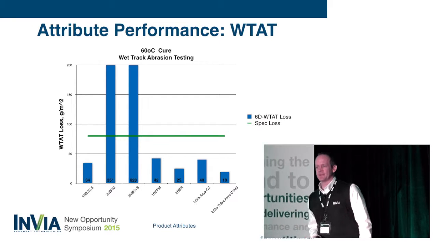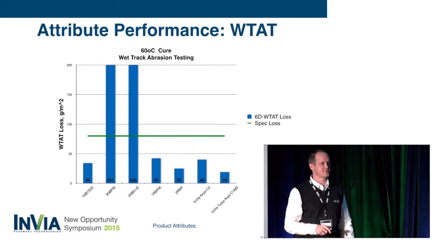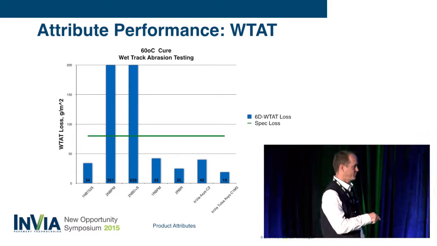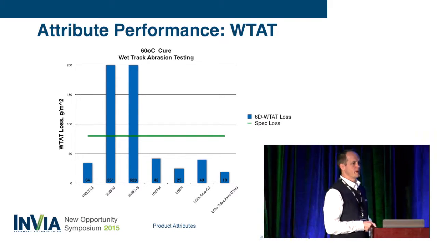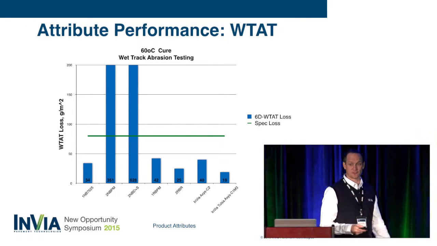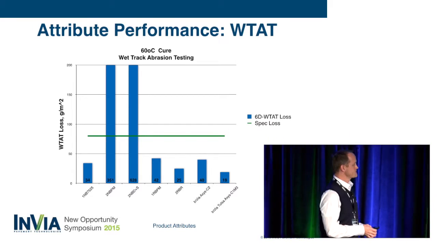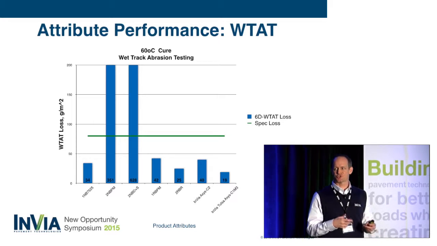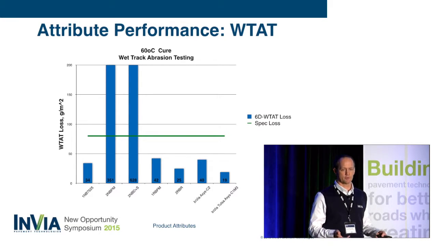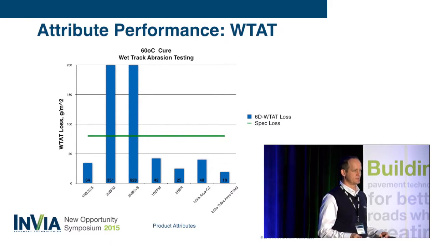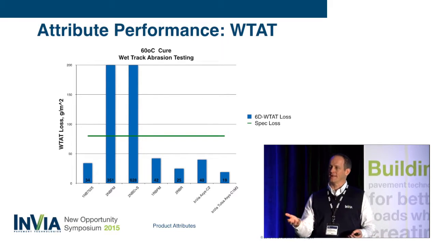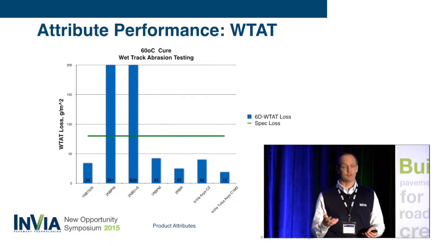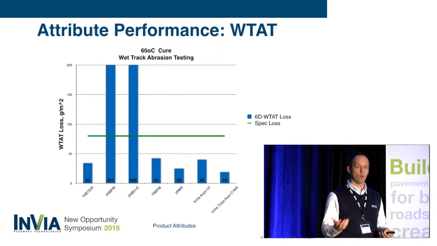I'm not sure if you guys paid attention to the second best performer in that dry time, but I thought I'd go ahead and share the wet track because that's our durability surrogate. If you want to dry fast, you can just start with a sealer that has less water. You can put a lot more solids. The thing about solids, anyone who's been in the business long enough, solids typically cost more than the water.